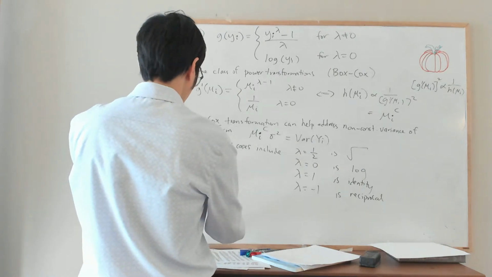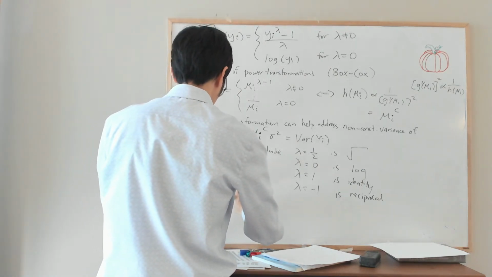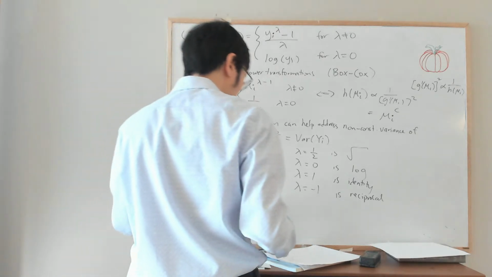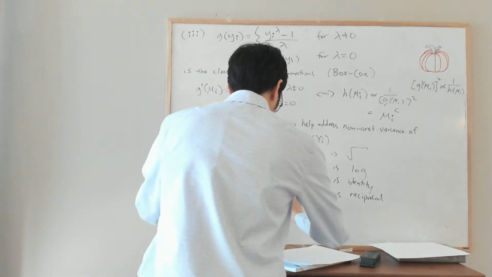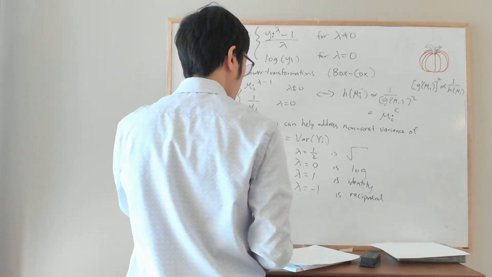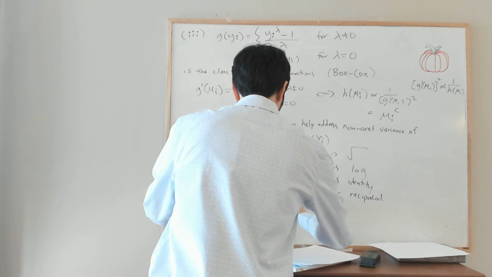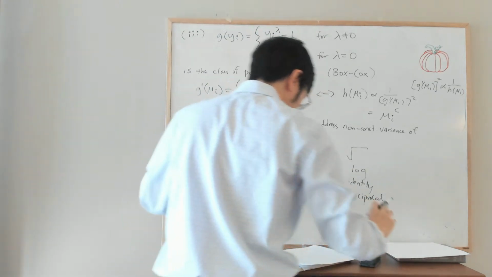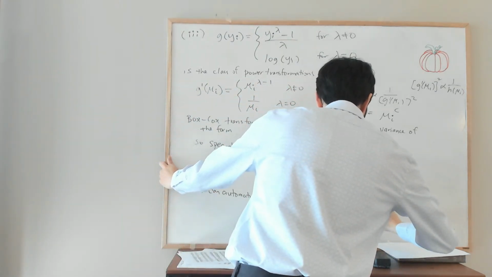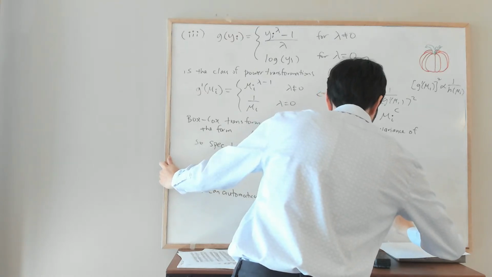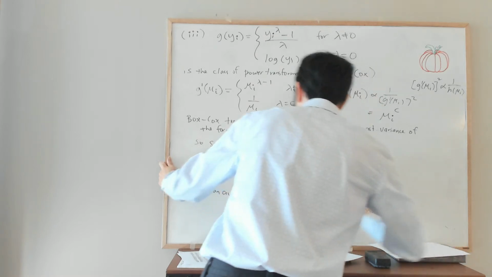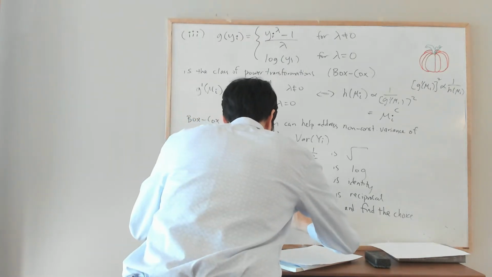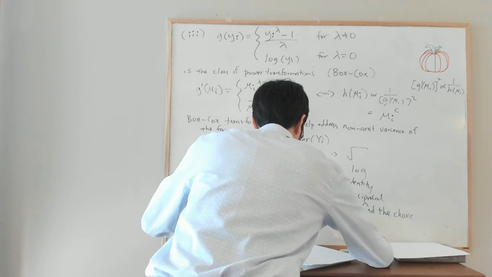The function in R, for example, can automatically try a sequence of different lambdas and find the choice that gives the best value of the likelihood.